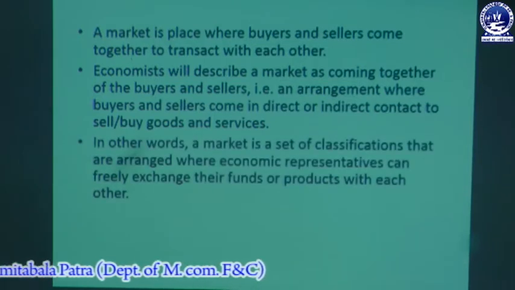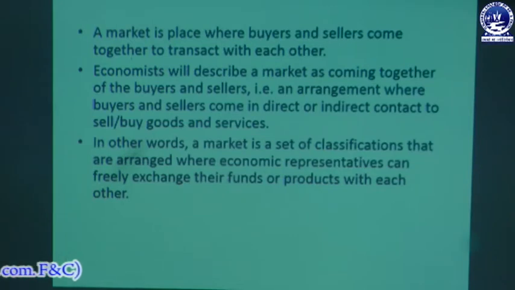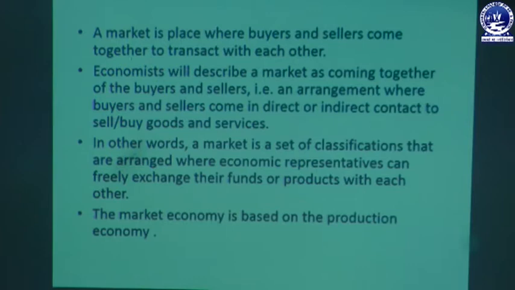In other words, a market is a set of arrangements where economic representatives can freely exchange their funds or products with each other. So, we can say that the market economy is based on the production economy.